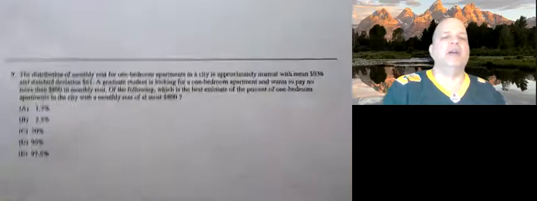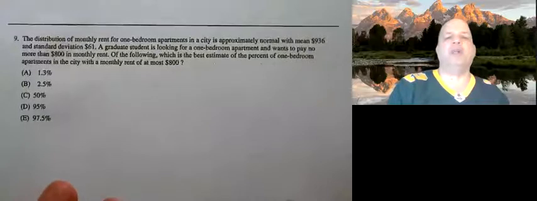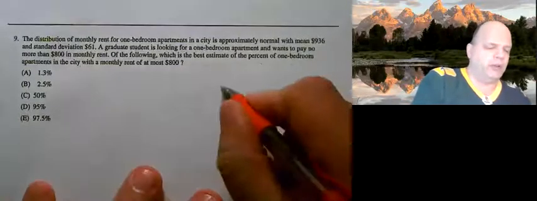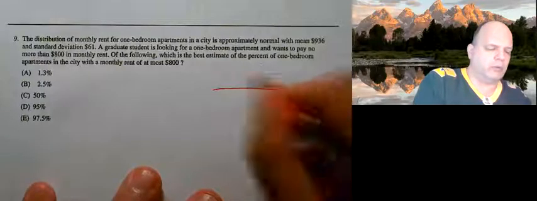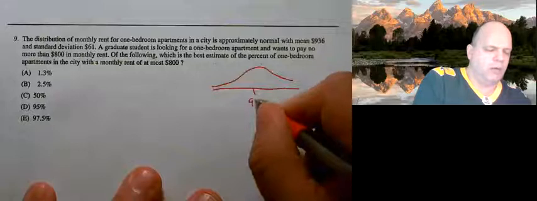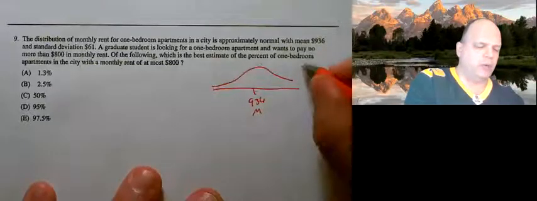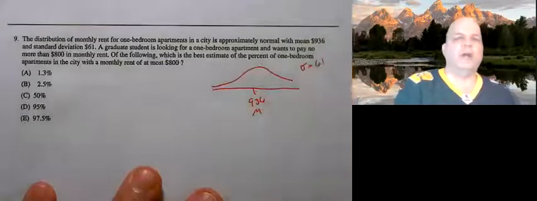Number 9, the distribution of monthly rent for a one-bedroom apartment in the city is approximately normal with a mean of 936 and the standard deviation equal to 61.